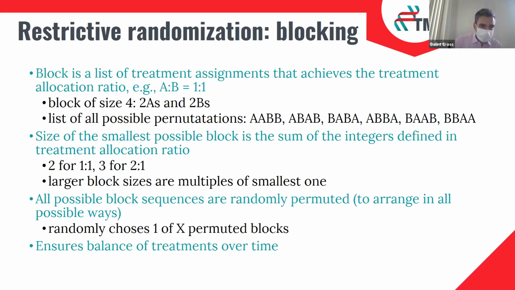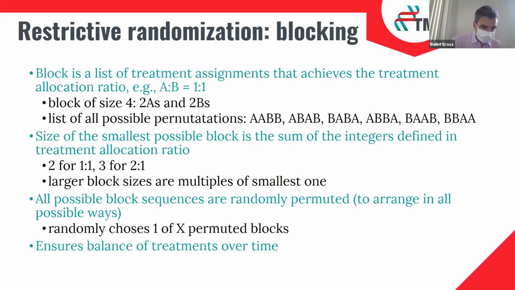If the treatment allocation ratio is 2:1, then the smallest block you can use would be a block of 3. Larger block sizes are multiples of the smallest one. All possible block sequences are randomly permuted. That means that they are arranged in all possible ways. And it randomly chooses one of the many permuted blocks.